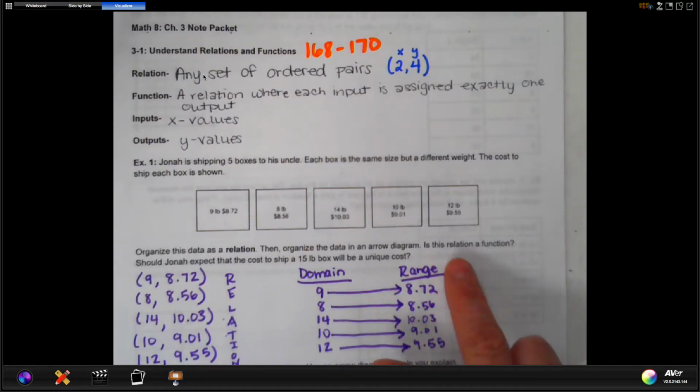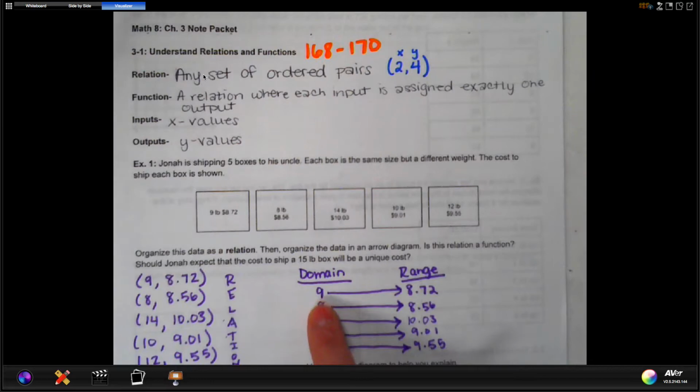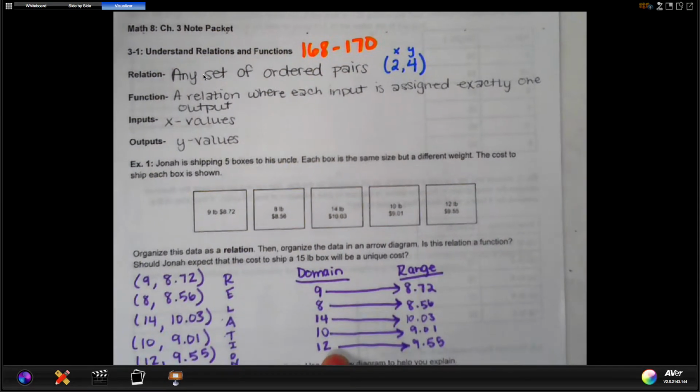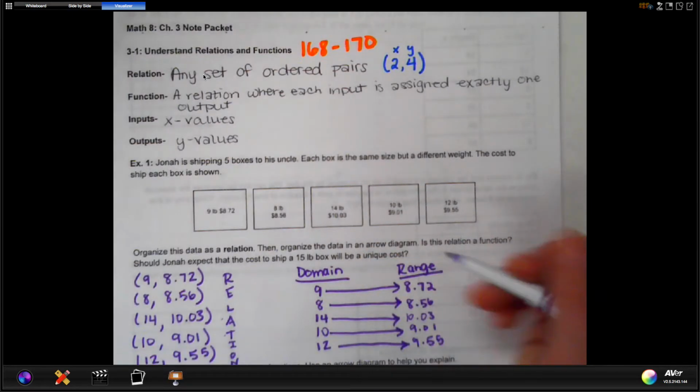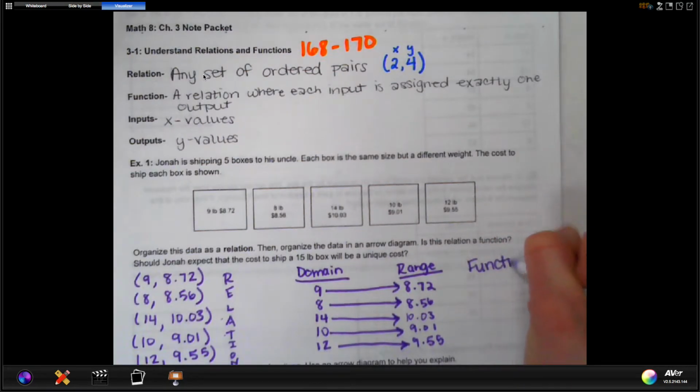So it says, is this relation a function? What that means is, does every x value have one place it goes to? And it does. There's one for each one. So this is a function.